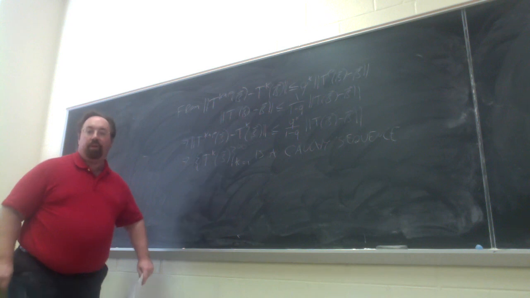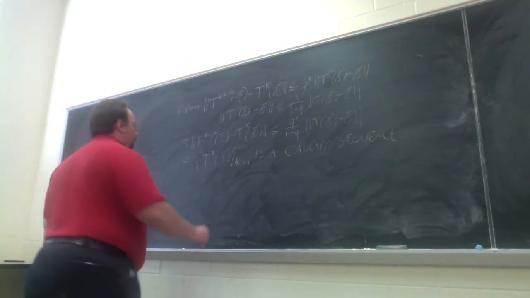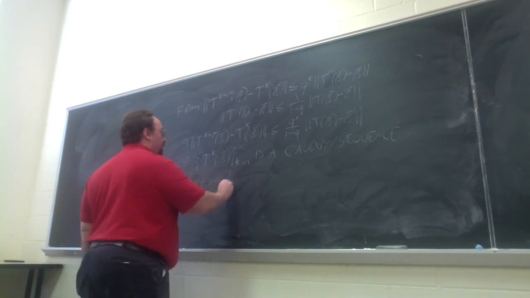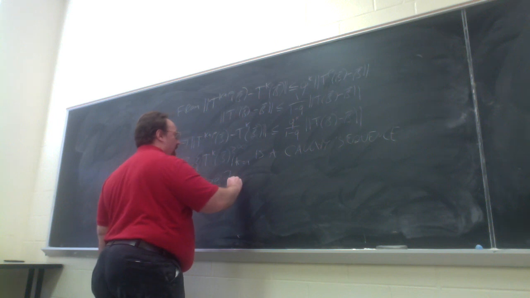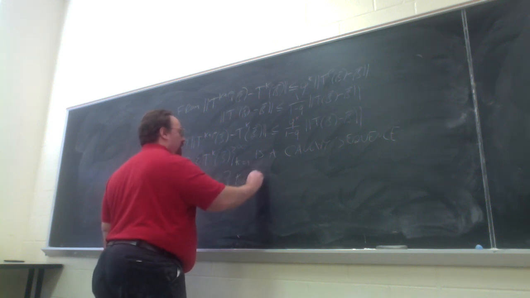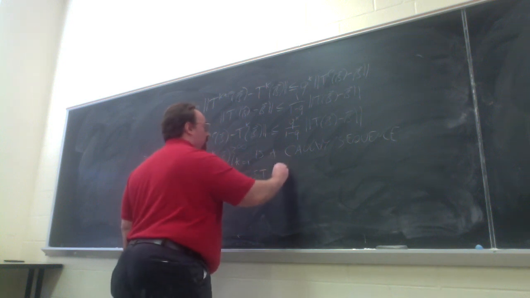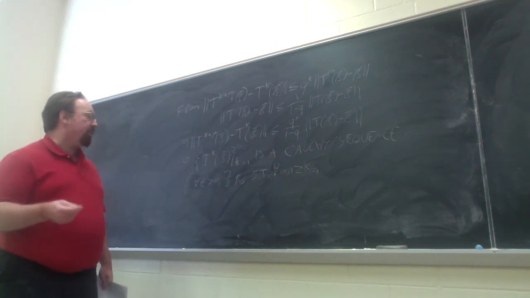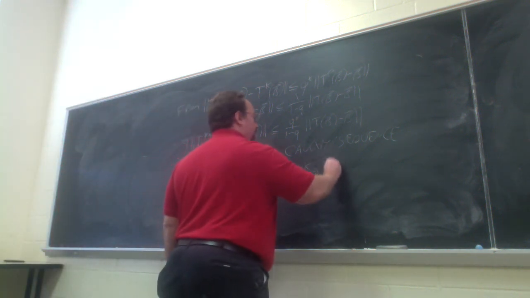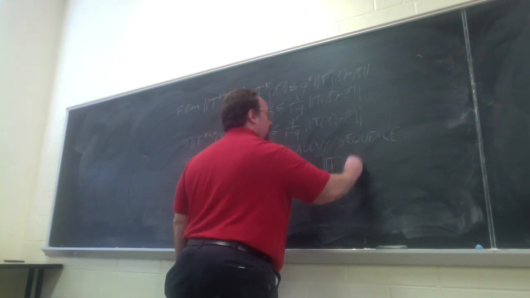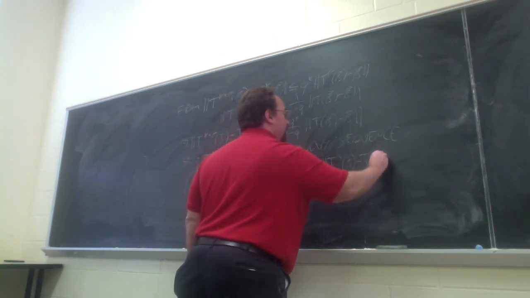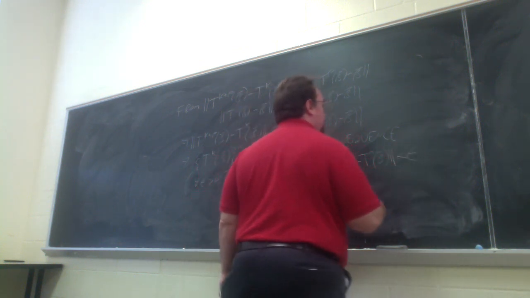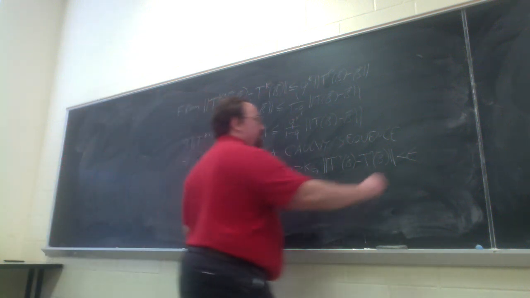And a Cauchy sequence, what I mean by that is, for any epsilon greater than 0, there exists a k naught such that for all m and n greater than or equal to k naught, so above a certain index threshold, the difference between t to the m and t to the n can be made arbitrarily small. So that's the definition of a Cauchy sequence.